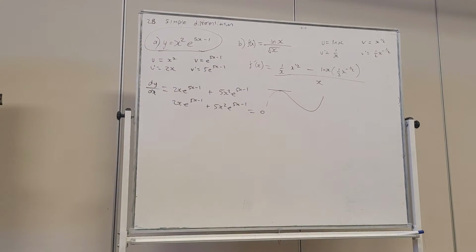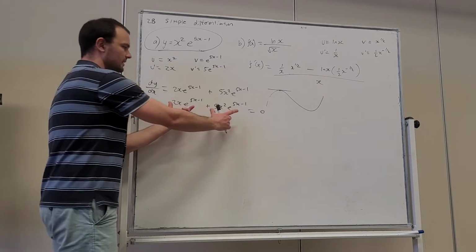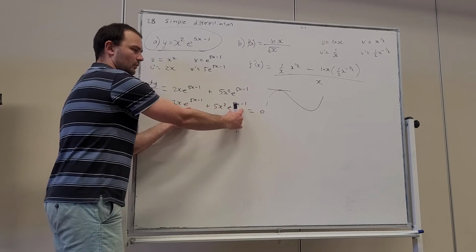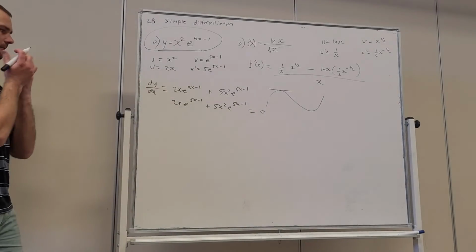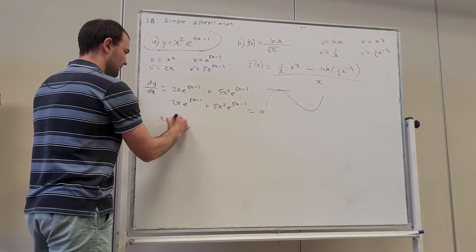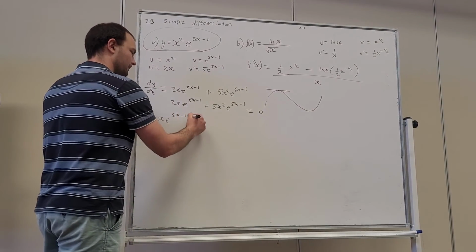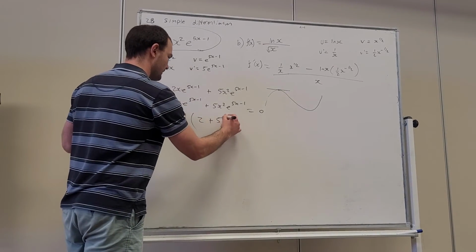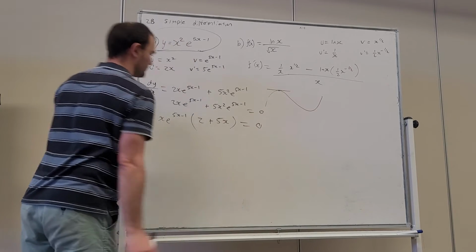If we're going to solve a problem like this, we're going to want to factorise what we can, and then try and solve it. So looking at these key terms, definitely x is common, and this e to the 5x take 1 is common as well. So I'm going to rip that out the front. So we're going to have x e to the 5x take 1 out the front, and in brackets we're going to be left with 2 plus 5x being equal to 0.